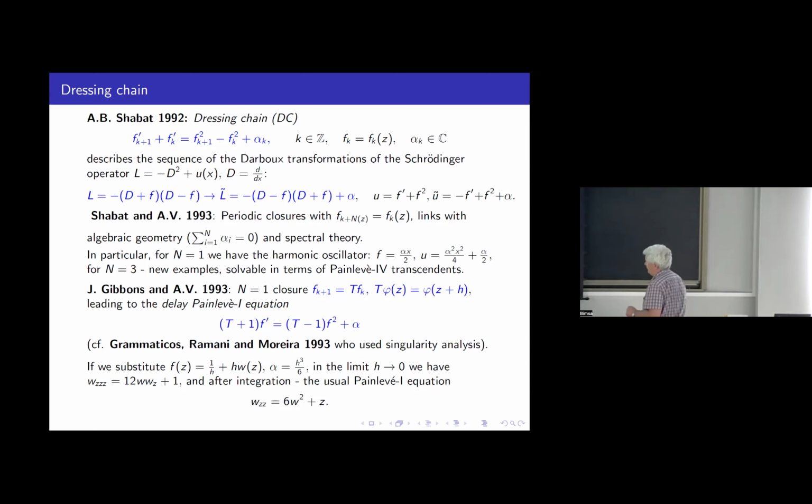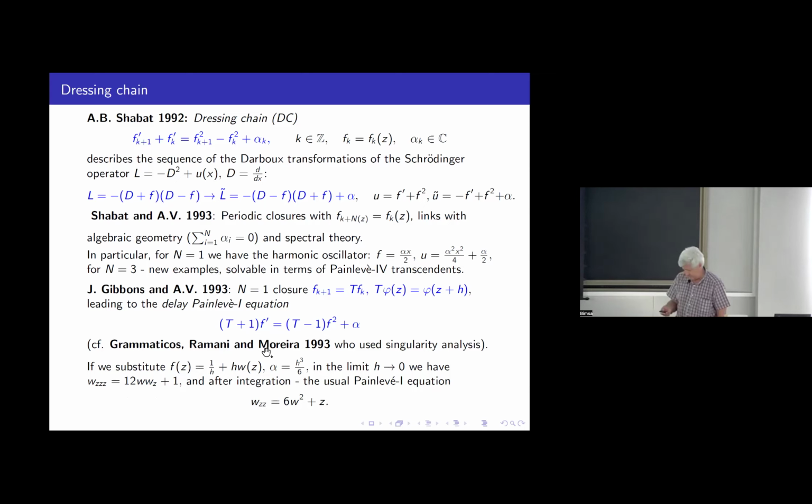But formally, you can consider how this is related to Painleve-I. The terminology usually in the discrete theory of Painleve equations: we call it a discrete analog if you have a continuous limit to this. And if h goes to 0, and if you assume this kind of thing, then for w you have this, and after integration, the usual Painleve-I equation.